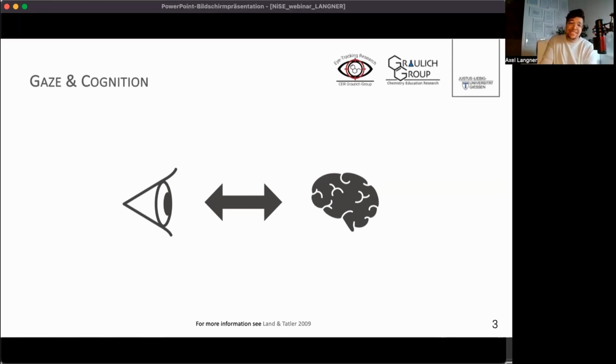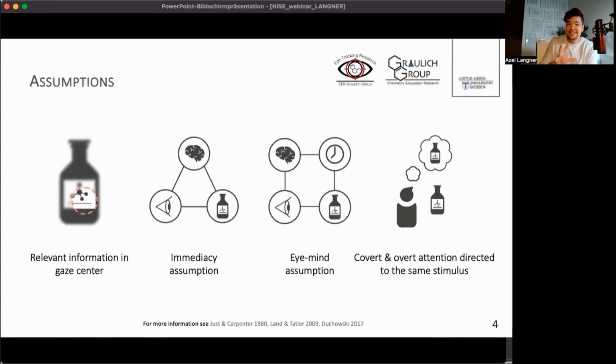And there are some assumptions to make if you want to use eye tracking research. Here are the main assumptions which were used. First of all, the relevant information is in the center of the gaze. This is kind of a physiological thing because in order to see sharp, we need to redirect our eyes so that the information is in the center of our gaze.